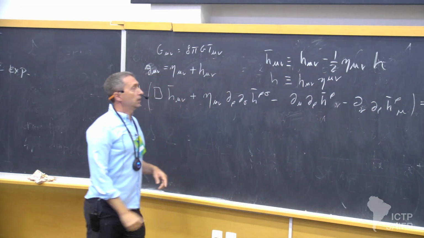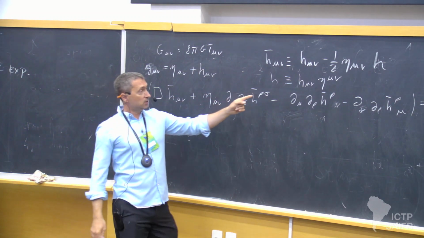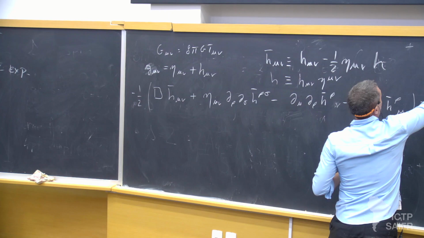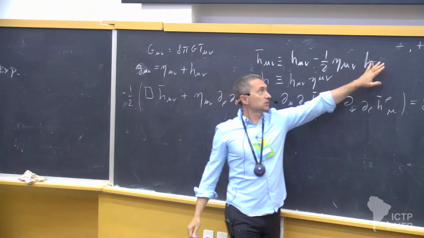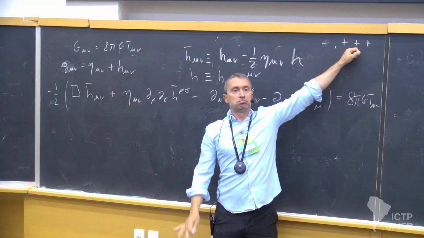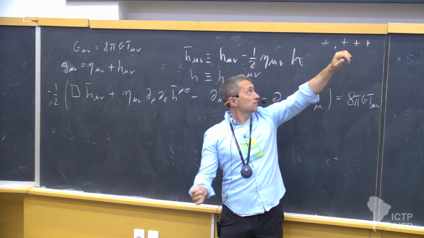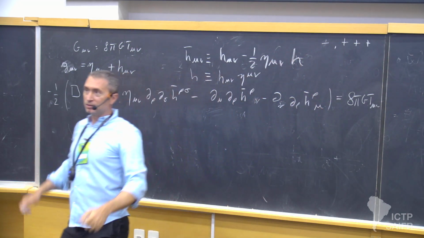In a second, I will split space and time, and when I do, you have to remember that I use the metric minus plus plus plus. This is probably different from what particle physicists do, but this is what GR people do. I was born in particle physics, but then I moved into GR, so I'm a hybrid, but I decided to pick this metric.